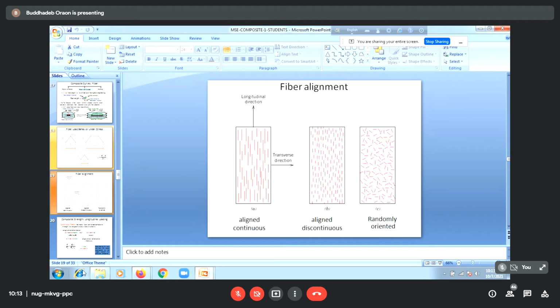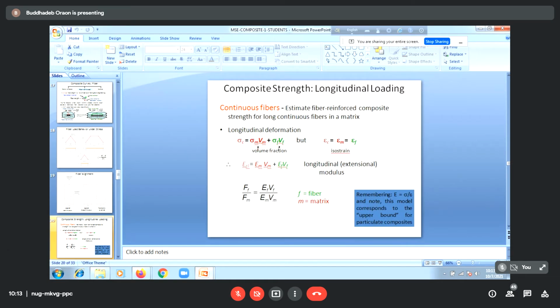Considering these two criteria, we will derive some of the expressions of mechanical properties, particularly the stress and Young modulus. These are the two important mechanical properties. So we'll consider first when we are applying the load in the longitudinal direction. So we say composite strength under longitudinal direction.